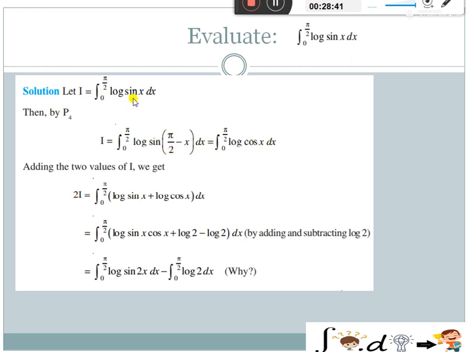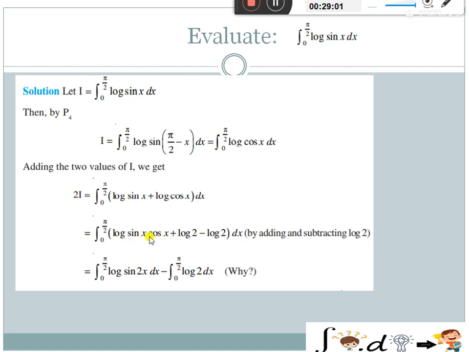And now adding 1 and 2, you will get the integral from 0 to pi by 2 of log sin x plus log cos x, and by using the properties of log, you can write log of sin x into cos x.